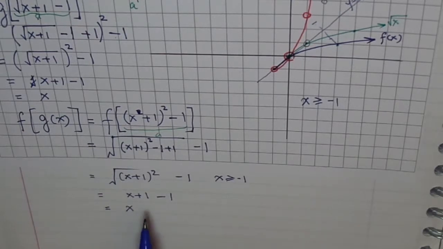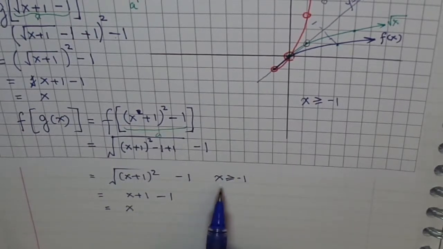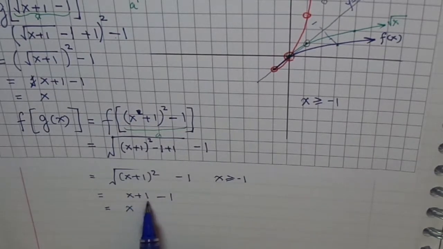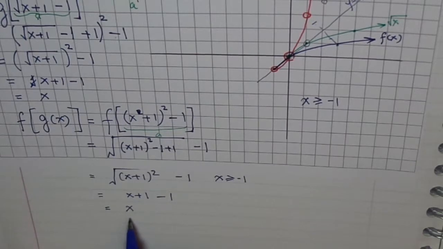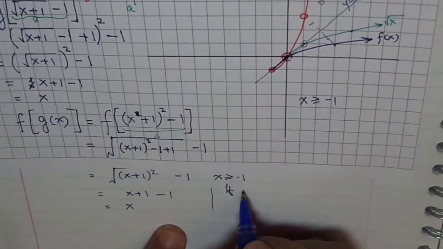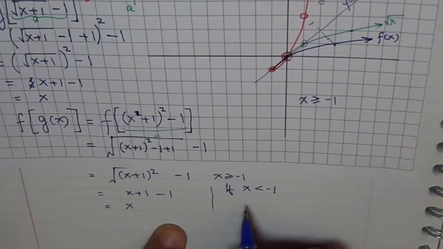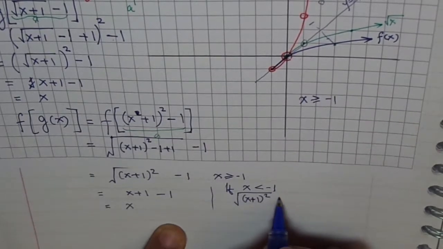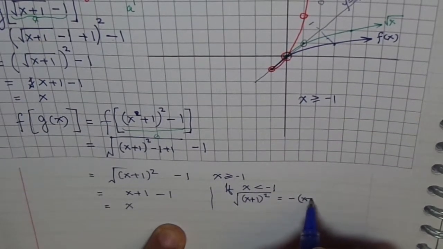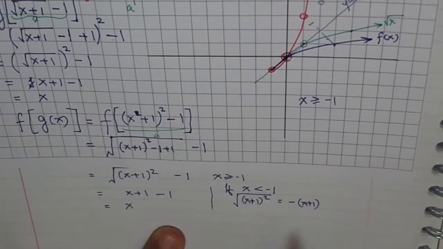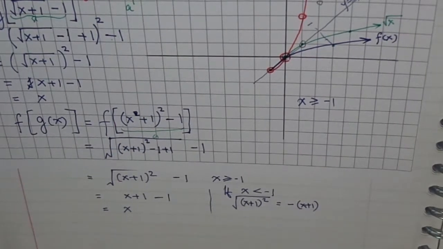If we would not have restricted the domain, and if x was less than minus 1, then this value would be minus of (x plus 1), and then we will not get x. Let me just show you here. If, which is not our case, x was less than minus 1, then square root of (x plus 1) whole square will be equal to minus of (x plus 1), not plus of (x plus 1). In that case, this function will be this minus 1 and we will not get x.